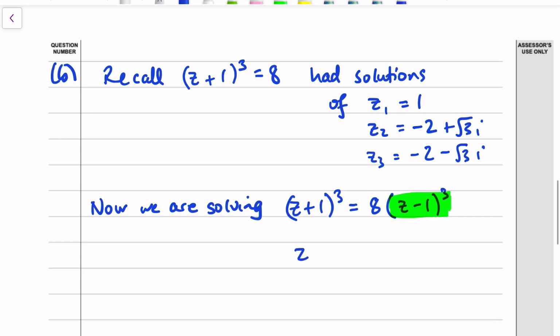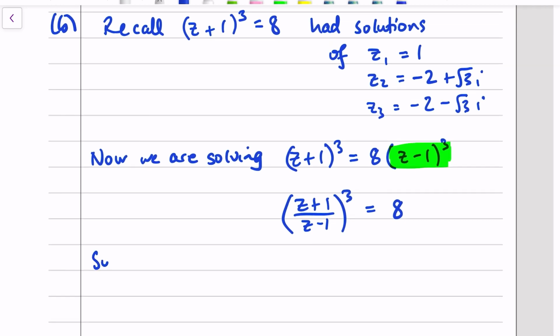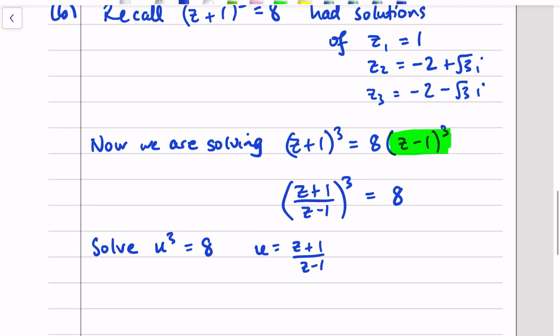So z plus 1 all over z minus 1 all cubed is equal to 8. And then I've got another situation where it's something cubed equals 8. So I'm going to say solve u cubed equals 8, where u is equal to z plus 1 over z minus 1.